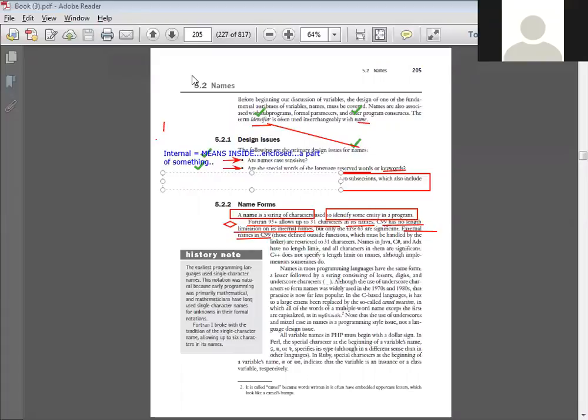So this is important that we recognize that external means outside. External means outside. External is the opposite of internal.